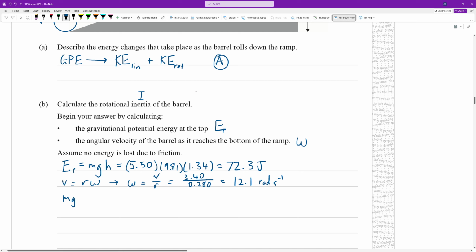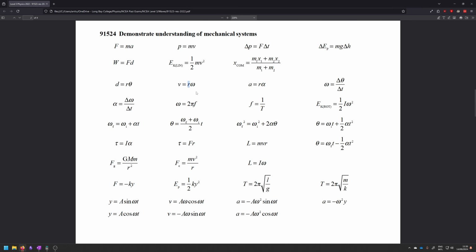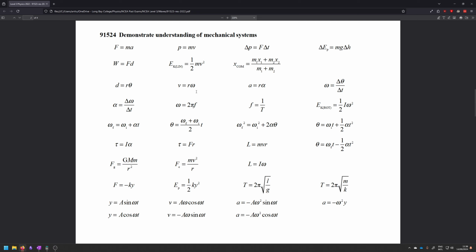So mgh, which we've already worked out, goes into linear kinetic energy plus rotational kinetic energy, which looks similar, but instead of mass, it's inertia, and instead of velocity, it's angular speed. And on your formula sheet, here it is, on the right hand side, EK rot, not for rotten, but for rotational.